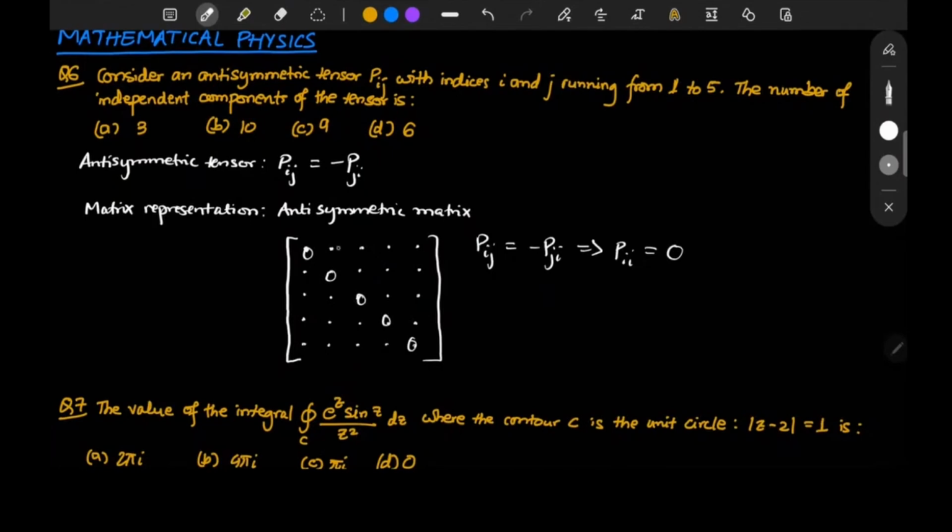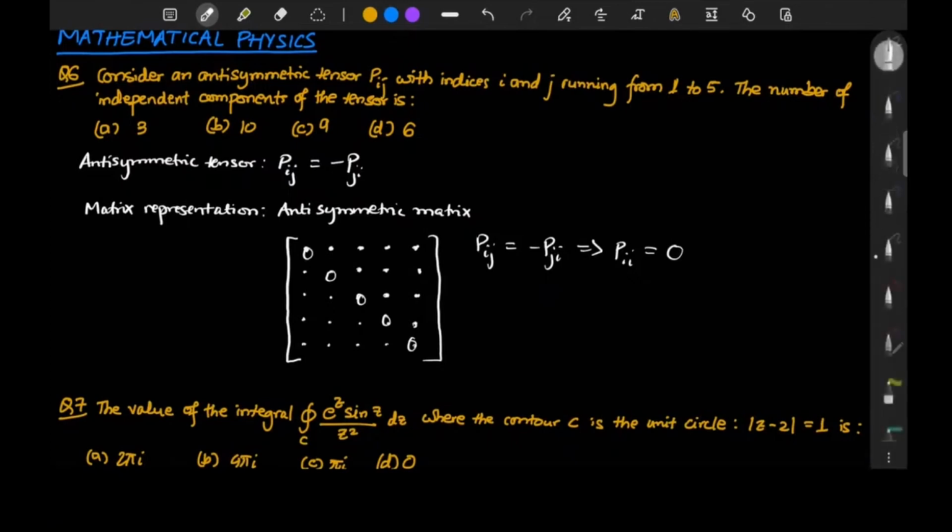And since it is antisymmetric, all the terms in the upper triangle would be negative of the terms in the lower triangle. So all we need to worry about in terms of independent components are the upper triangular or, equivalently, the lower triangular elements, because the other triangle would be the negative of it. So purple would be equivalent to negative of the green elements.